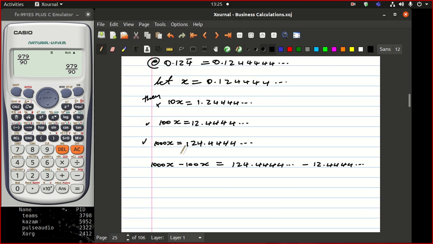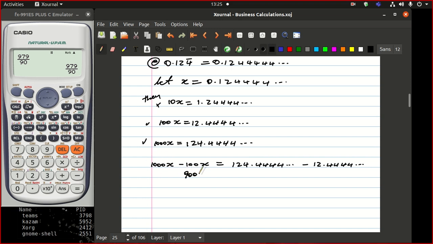And then the next thing is, what is 1000 minus 100? You can see that if you have 1000 rand, when you are withdrawing it from a bank, you know that you have 10 hundreds. So you will have 100, 100, 100, and 10 of them. So once you take 100 out, you will be left with 900.